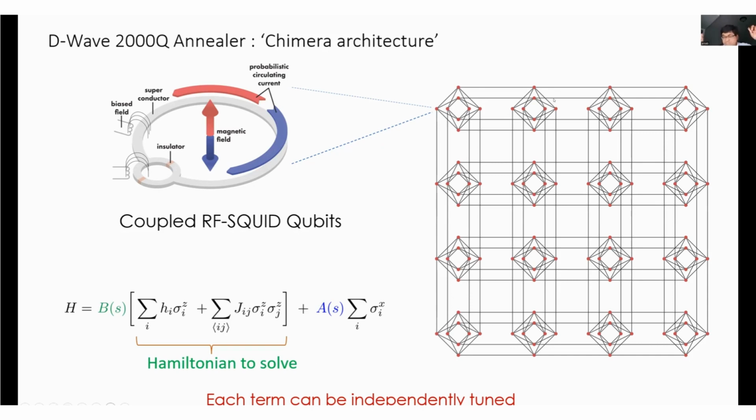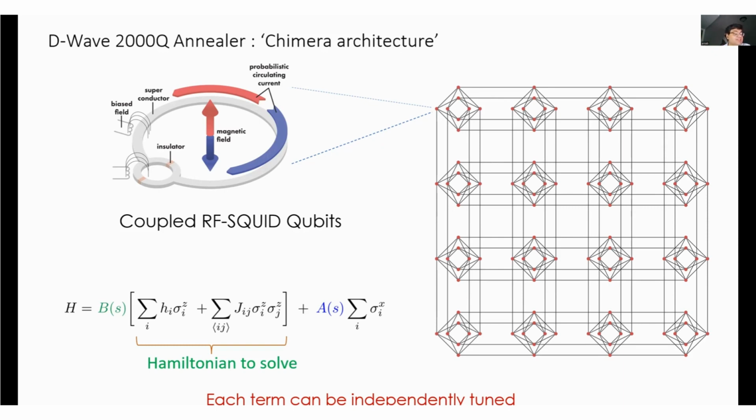Now, these are essentially superconducting wires made of niobium. And depending on whether your niobium wire is superconducting or non-superconducting, you either get a coupler between two qubits, or you don't. So you can make or break the coupler depending on whether it's superconducting or not.